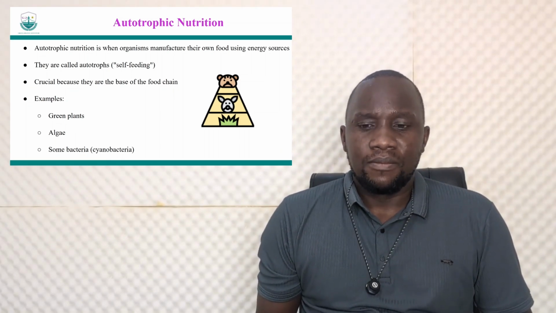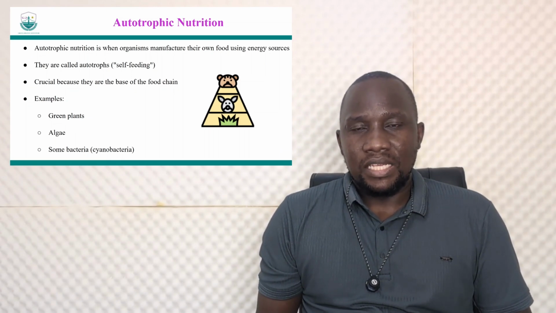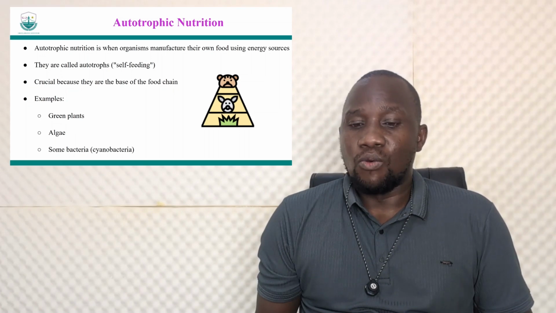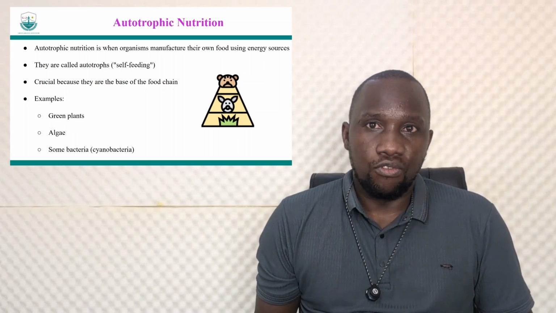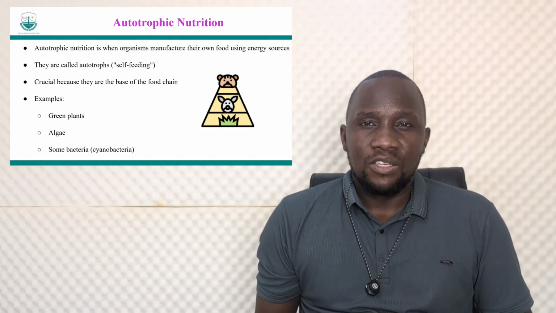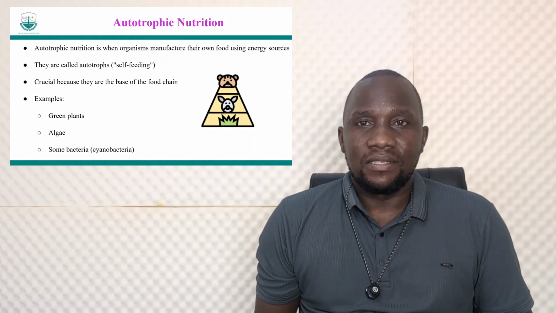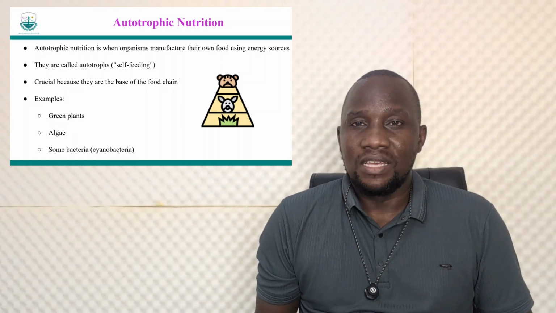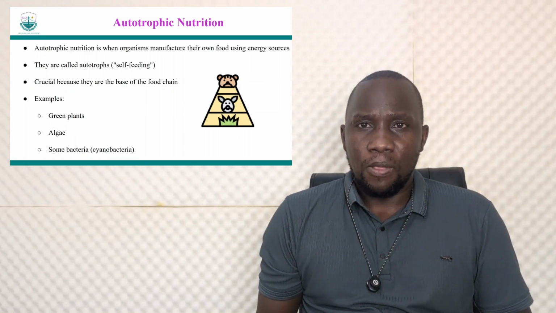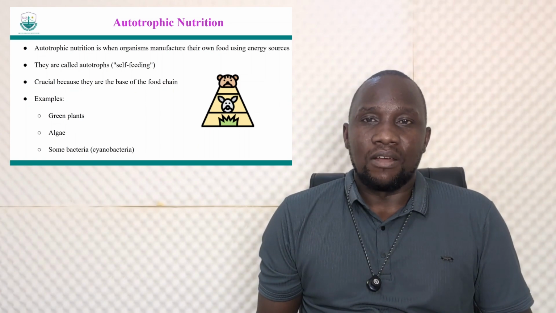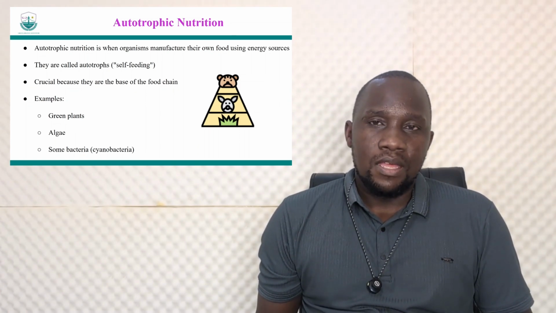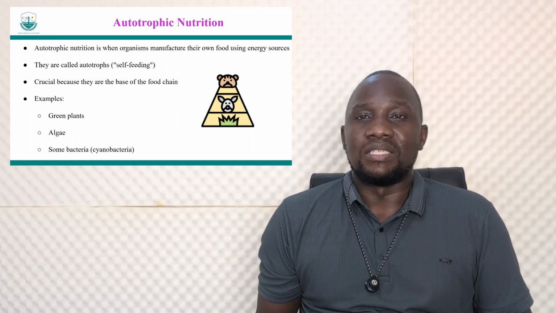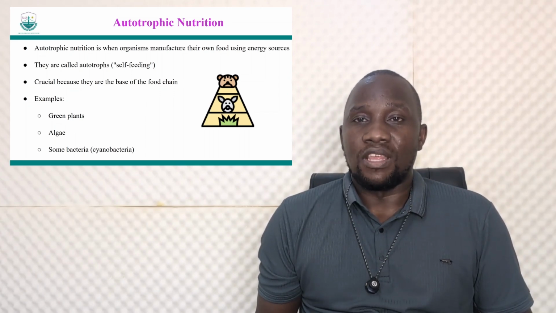And then the other organisms obtain the food from the plants. So the green plants, the ones we are terming as phototrophic, or we can call them autotrophs, are the ones that make the food, and then other organisms depend on them.